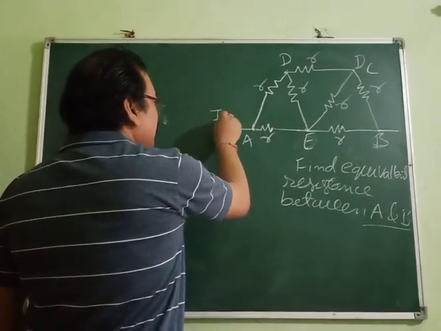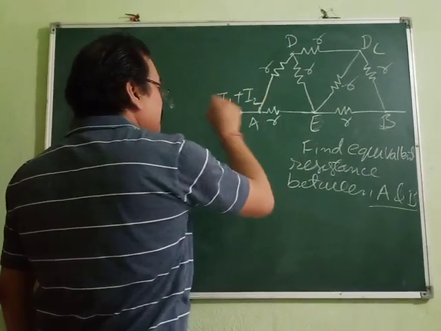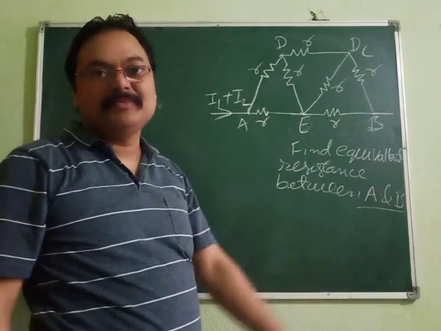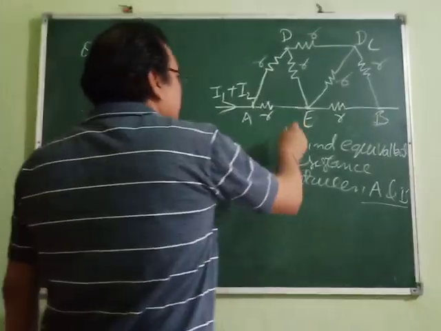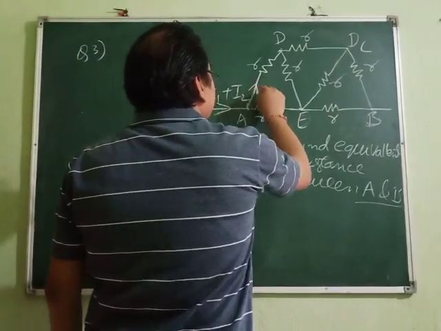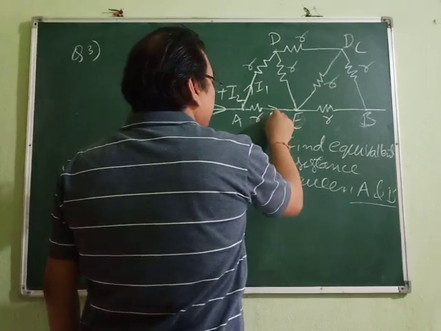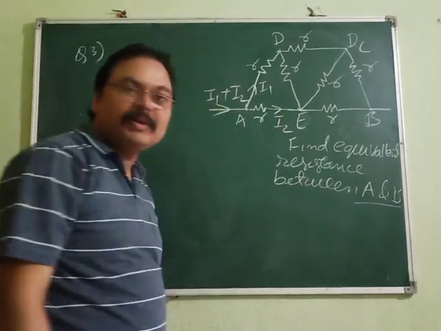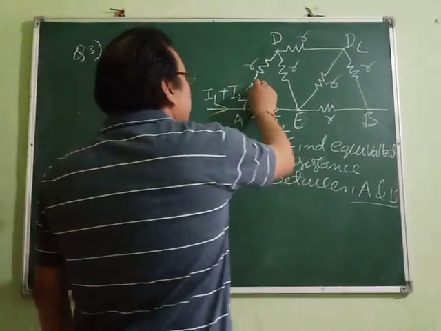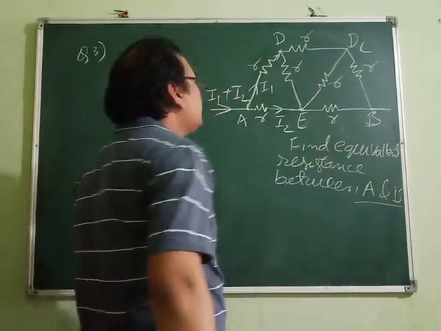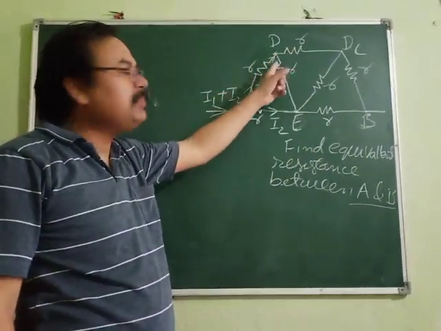Now for this again we are going to take the current. Suppose the current is I1 plus I2, because the paths are not similar. Suppose we take I1 here and I2 here. Now this I1 will reach till here. As soon as I1 reaches here, it has 2 branches.